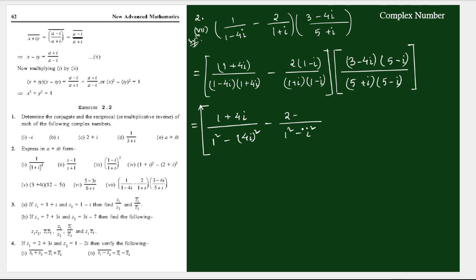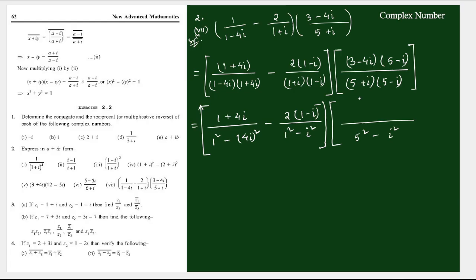If we can cancel somewhere with this 2, then it will help. Here it is how much? 5 square minus i square.